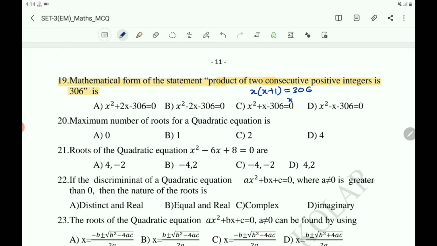Then it becomes x square plus x. Here 306 is transferred, so minus 306 equals 0. x square plus x minus 306. So which is the answer here?